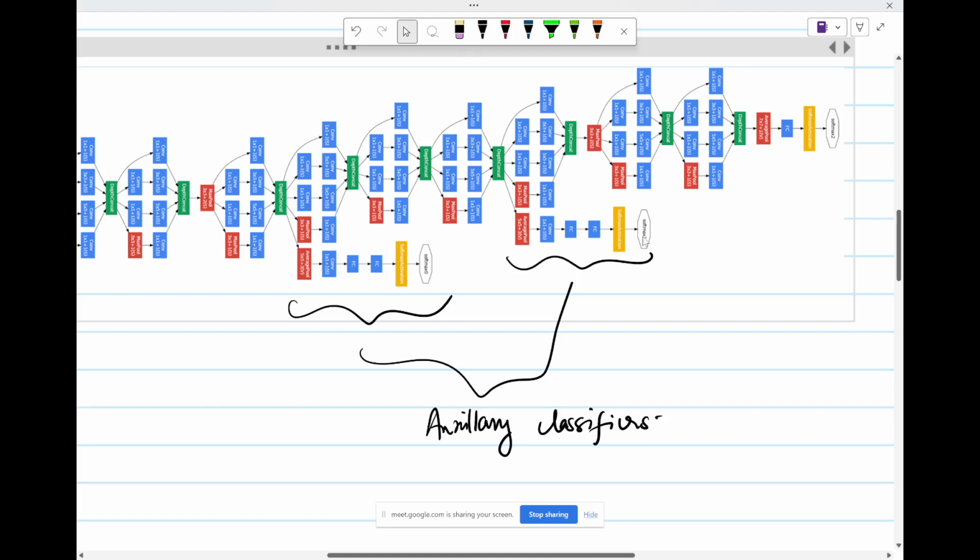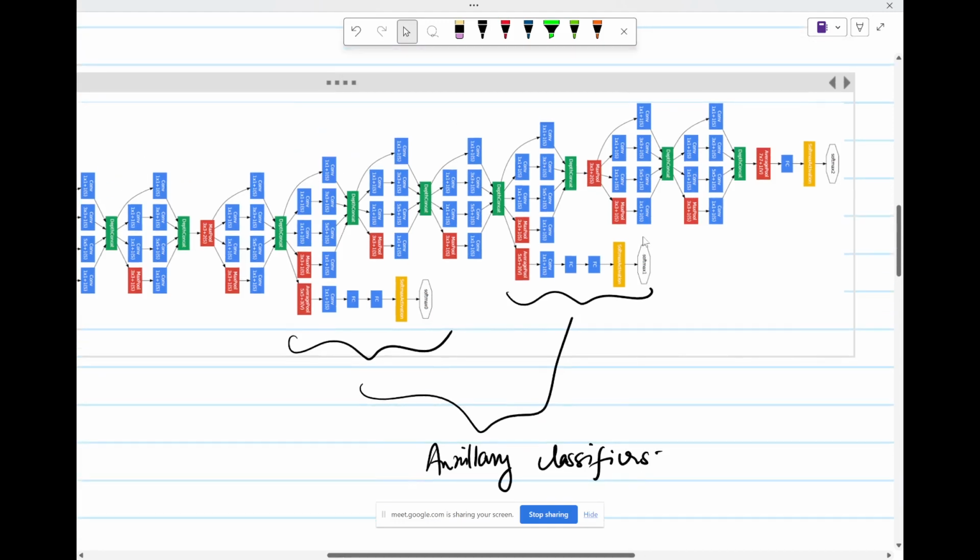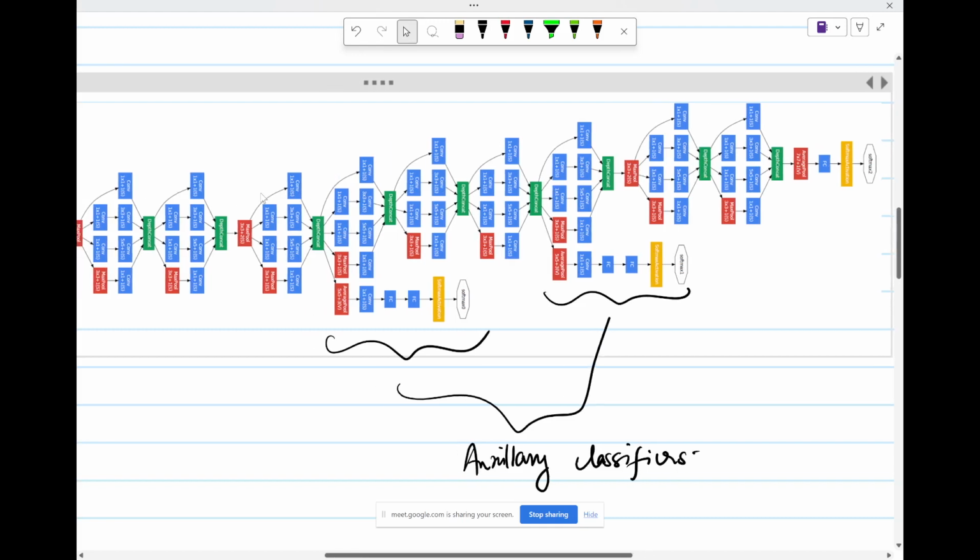So then what is the use? The use is when you're training the model, when you backpropagate based on the loss that you get from the final output layer labels. When you compute the loss, when you backpropagate, as the gradient reaches the initial layers, it may become very low. That is the vanishing gradient problem.